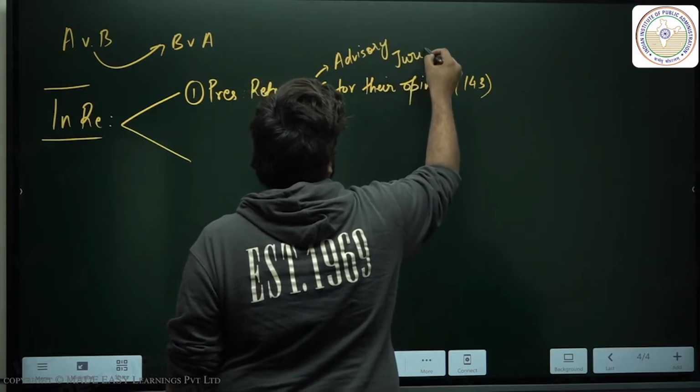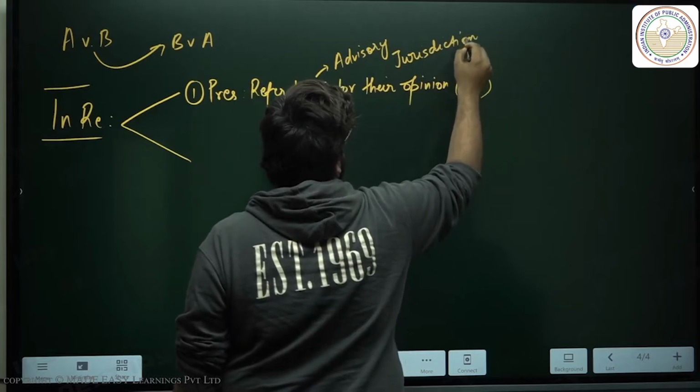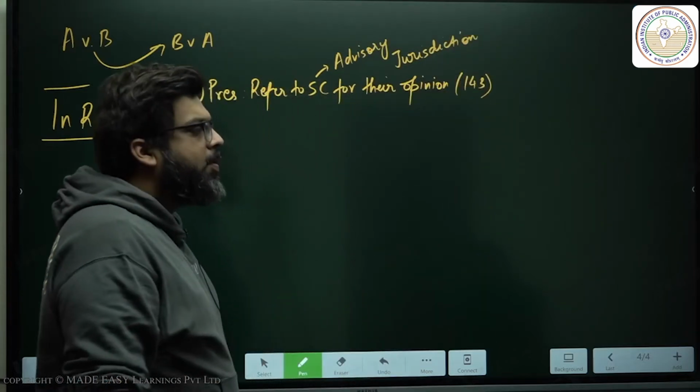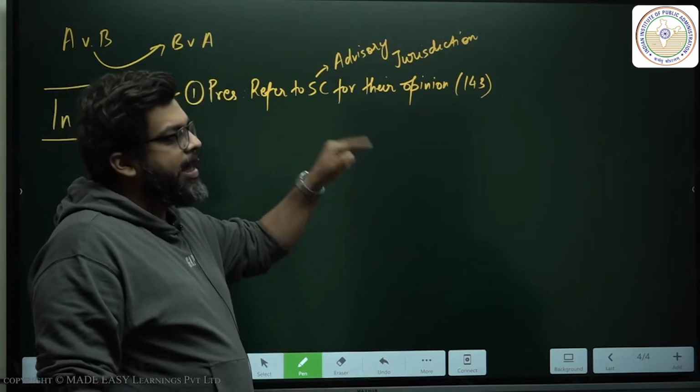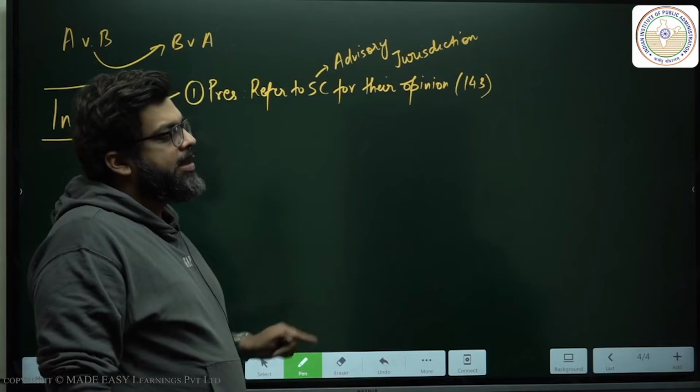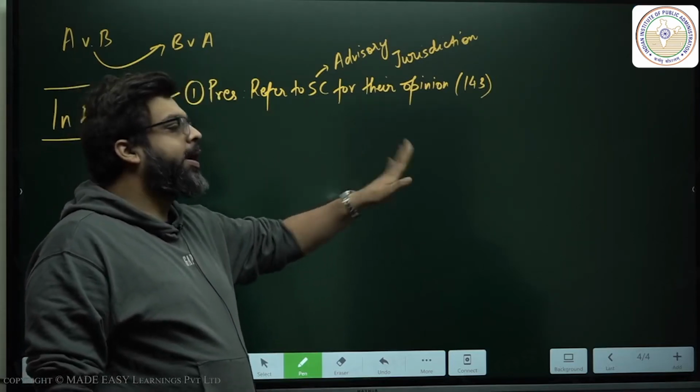Okay? Now, when we do this in detail, I will tell you that there are two kinds of advisory jurisdictions. One, where the Supreme Court necessarily has to reply to the president, and two, where the Supreme Court can say, I don't want to get into this.